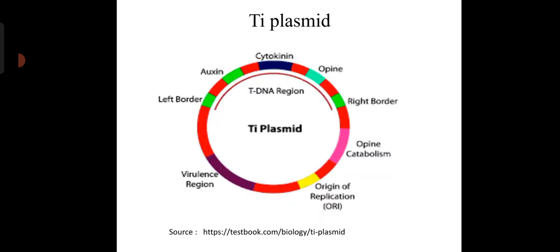The border sequences are referred to as the left border and the right border, as you see in the figure. The tDNA contains 8 or so genes that are expressed in the plant cell and are responsible for the overgrowth in the transformed cell. So this is the one which is responsible for causing crown gall.